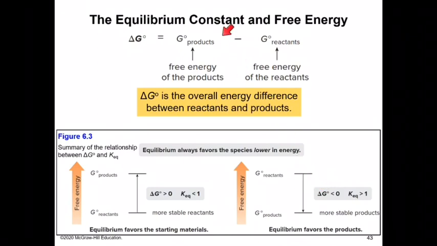However, if the energy of the products is greater than the energy of the reactants, then delta G must be greater than 0, which is shown here. That tells us that the reactants are more stable than the products, and so the equilibrium would favor the formation of the reactants.